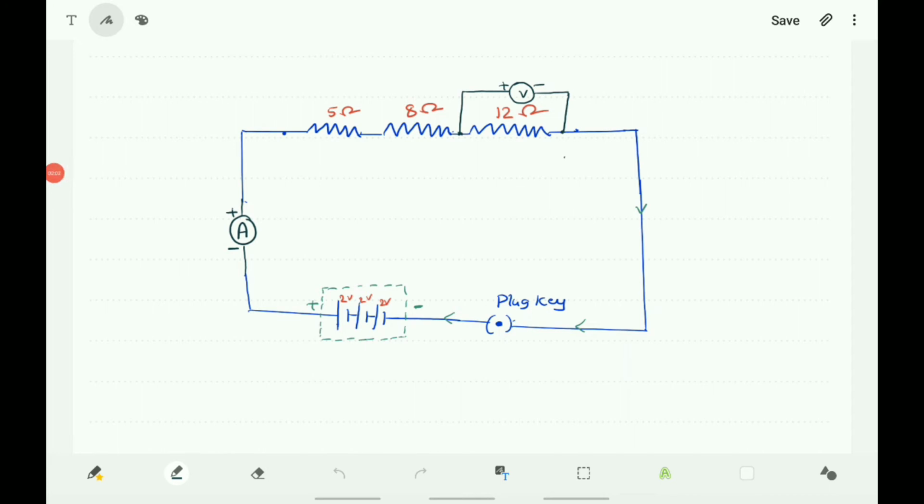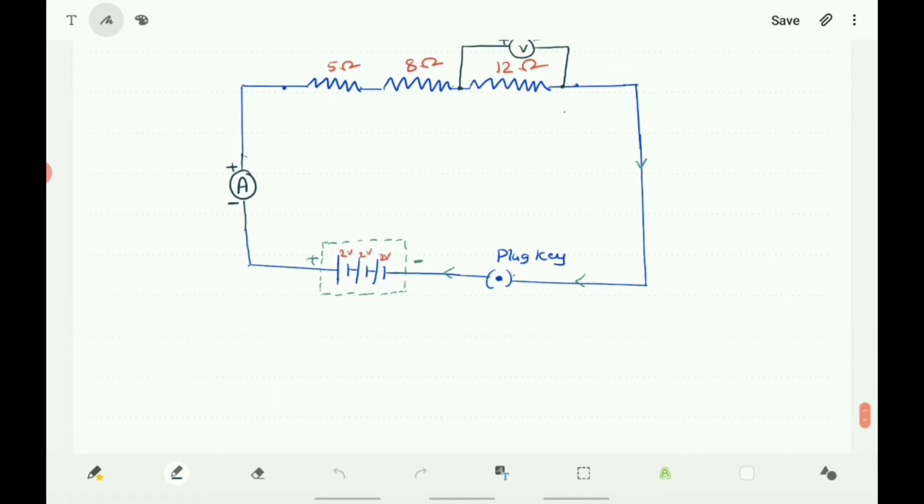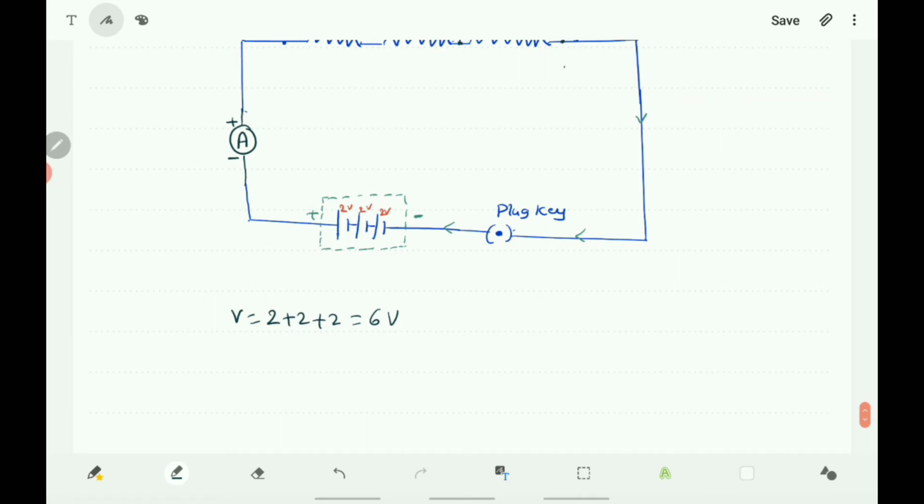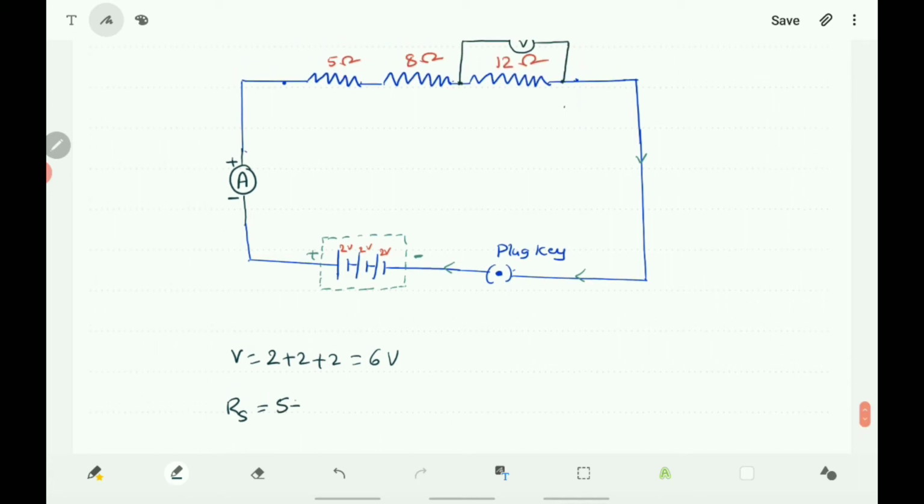To find the reading in ammeter and voltmeter, here total voltage is 2 plus 2 plus 2, that is V is equal to 2 plus 2 plus 2, that is 6 volt, and total resistance, that is RS, is equal to 5 plus 8 plus 12, that is 25 ohm.